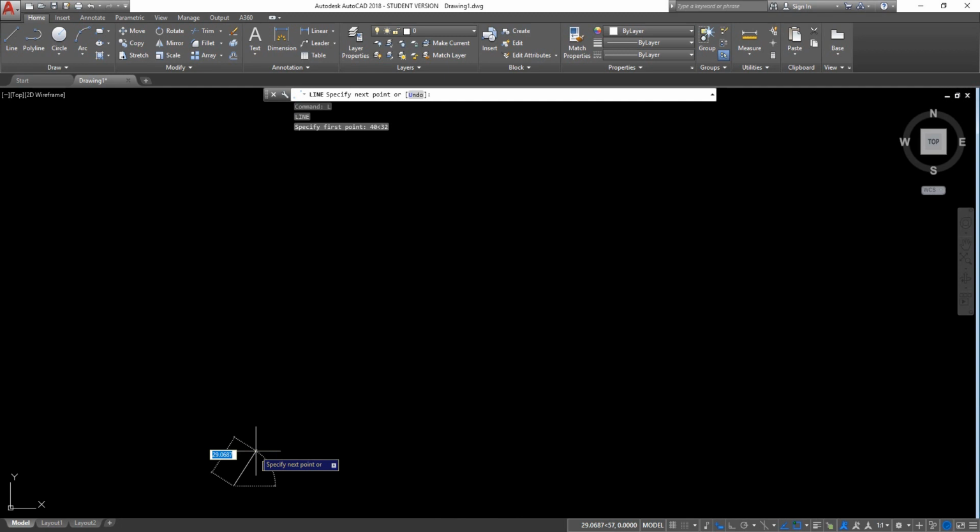Enter. You don't need to do the math, calculating the sine or the cosine of this angle to get the rectangular coordinates of this point. You just have to type the less than symbol.